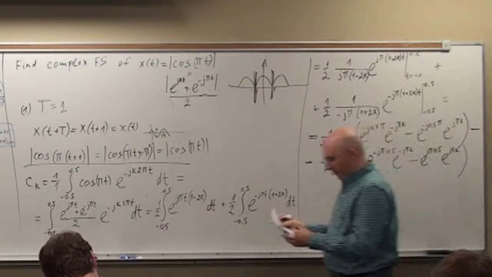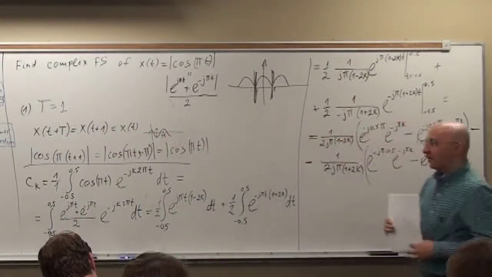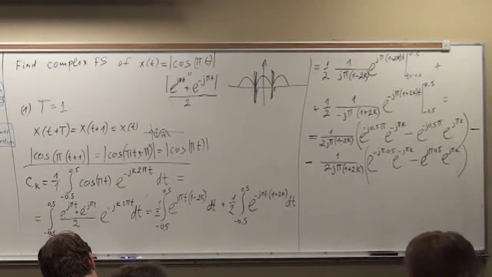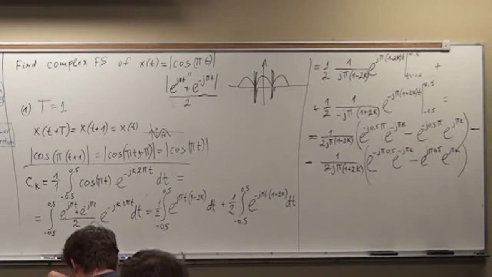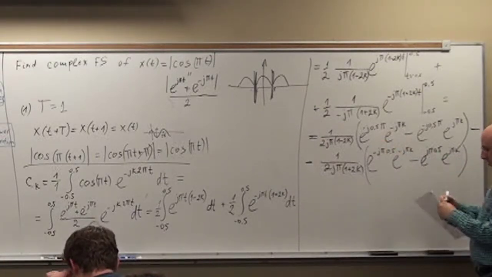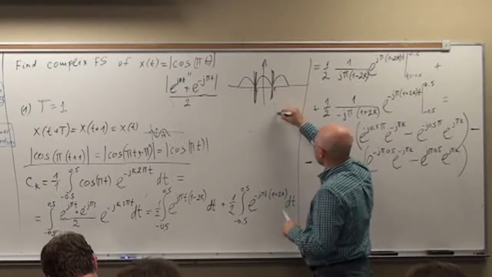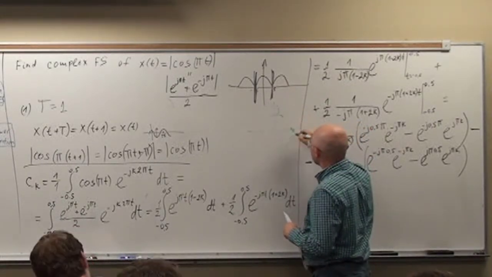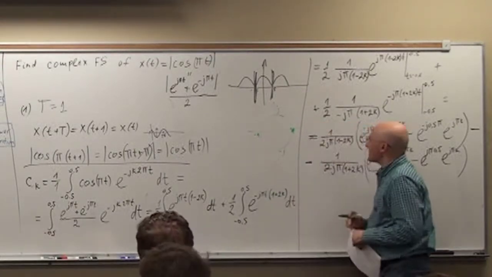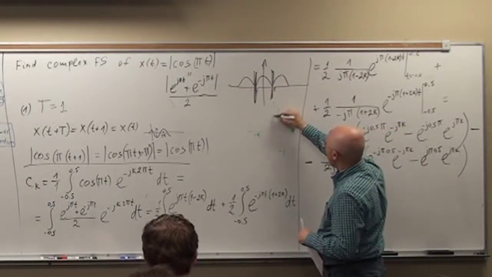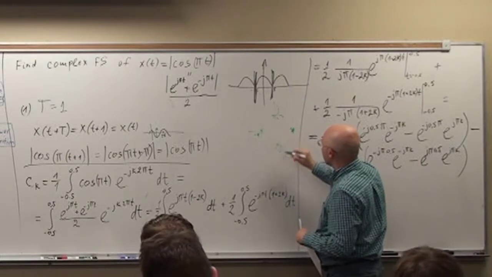Okay, let's try to simplify it. I want to get to some sort of simple thing here. So what is that thing? Remember how it looks like? If you have that circle, this is j, this is 1, minus 1, minus j, but it also has angles pi half, pi, minus pi half, and 0.